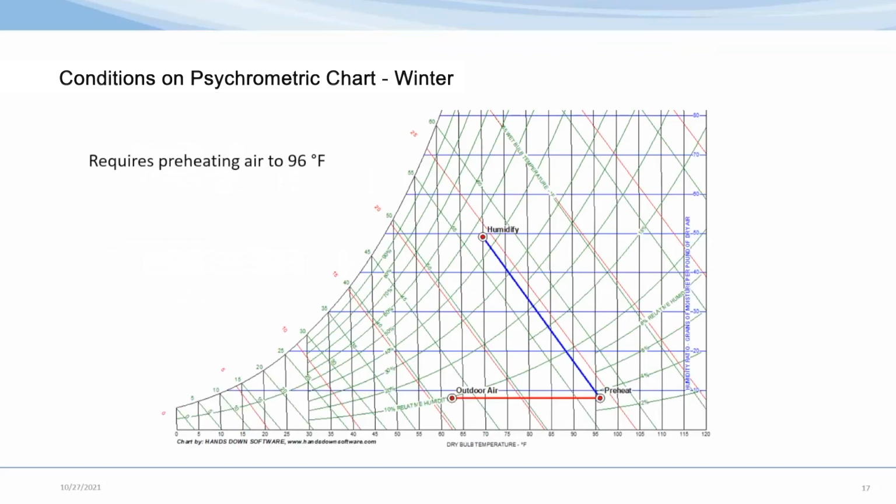That could be done via those gas heaters that were shown in the space, but more likely for a cultivation application, if there's excess heat already existing, that might be the preheat source: the lights, the dehumidifiers, other pieces of equipment, etc. As we get that preheat source, we drive the temperature to, let's say, 95 degrees Fahrenheit, at relatively low humidity of about 4%. And we follow an enthalpy line straight up into our target zone of 70 degrees Fahrenheit and 45% RH.